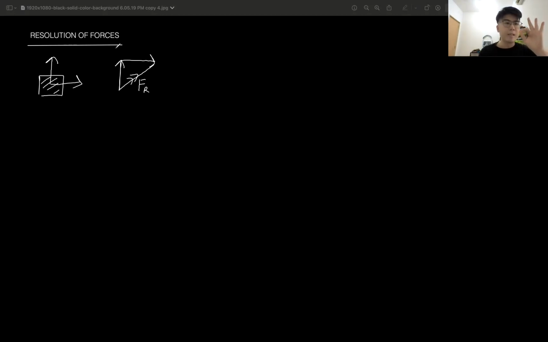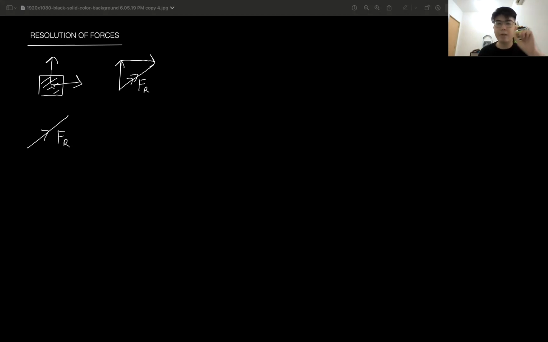Now, similarly, if you are given one vector here, you can do the reverse by breaking down this vector into two components. What two components?